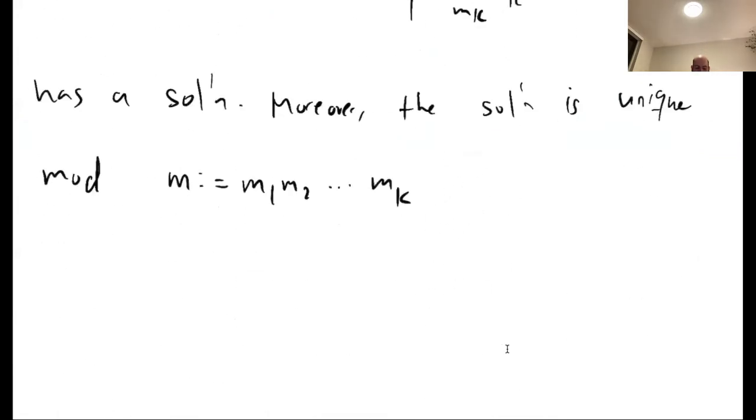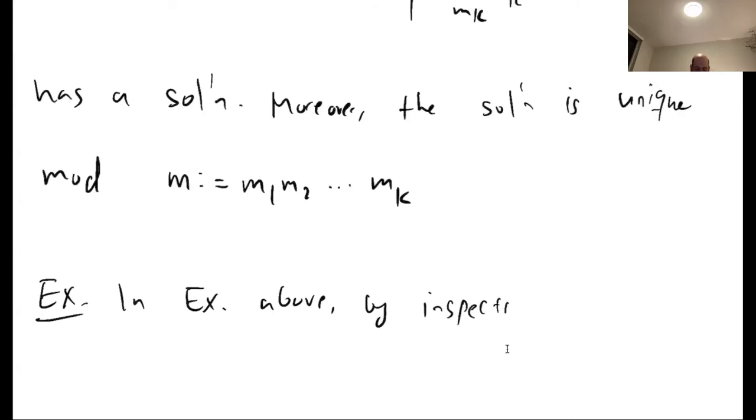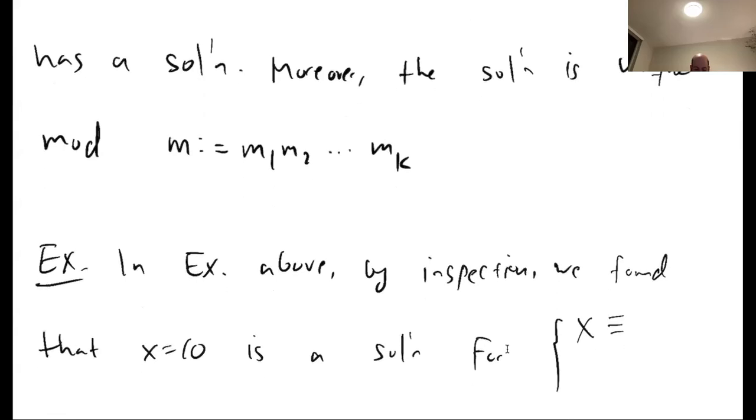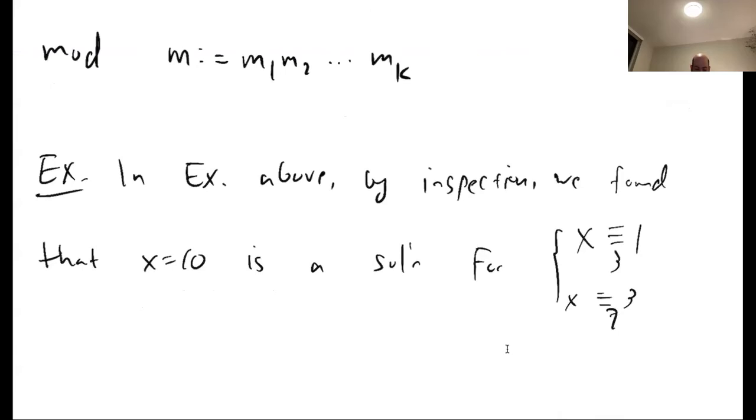So for example, before proving this theorem, in the example above, by inspection, we found that X equals 10 is a solution for X congruent 1 mod 3, X congruent 3 mod 7. So what does this mean?